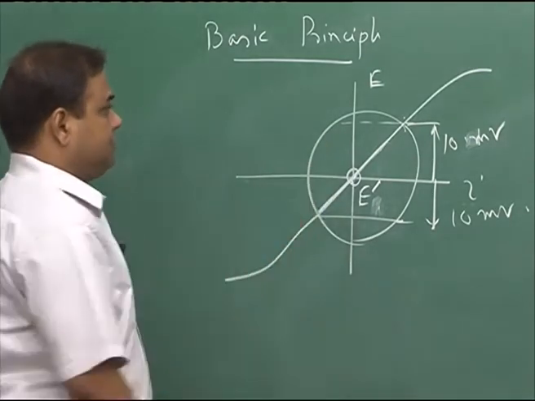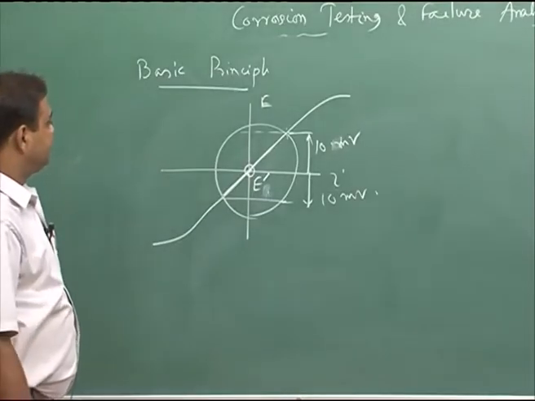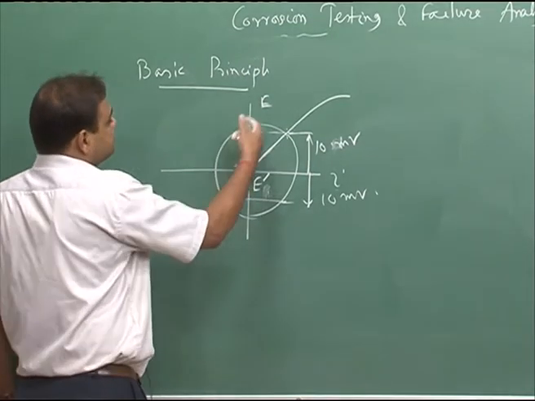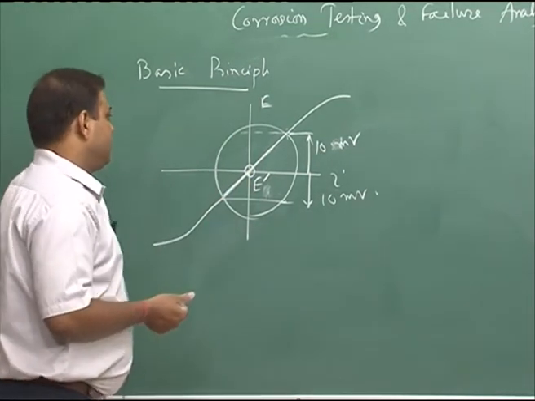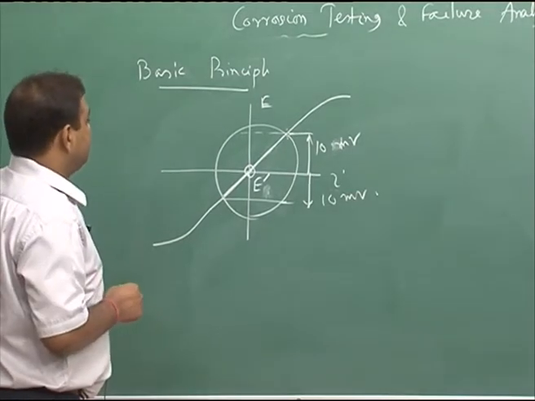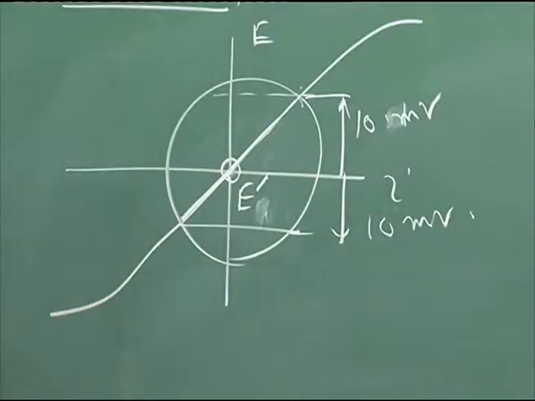The slope of this line. And this is actually the basic principle of linear polarization, where we have to go to the positive side or polarize anodically as well as cathodically within the narrow band of 10 millivolt or so.